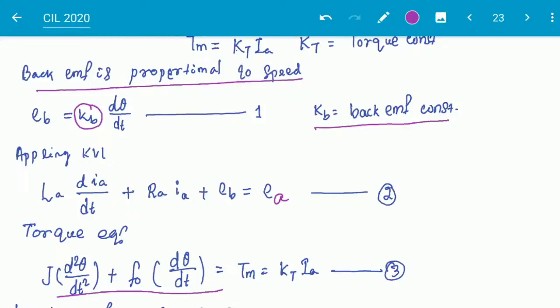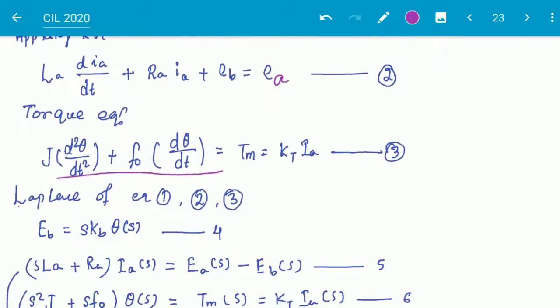The first equation is Eb equal to Kb into d theta by dt, and its Laplace transform will be capital Eb equal to, as it is a differential term, s will be multiplied, so s into Kb theta s.